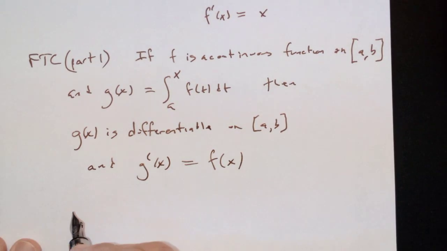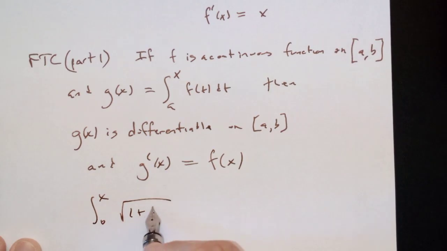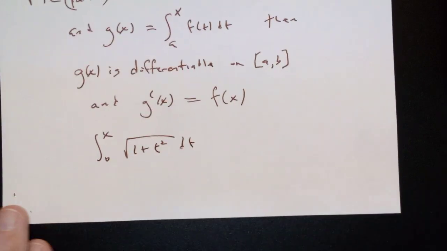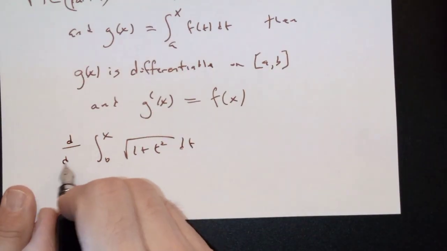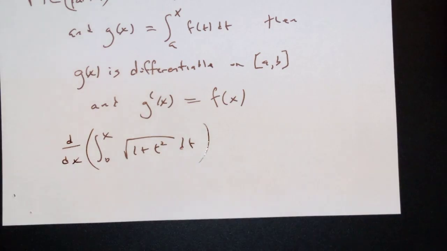So if I write a function, the integral from 0 to x, square root of 1 plus t squared dt, and I'm taking the derivative, asking what happens when I change x. Then I'm asking you to take the derivative with respect to x of this. That's going to depend on where x is, isn't it?